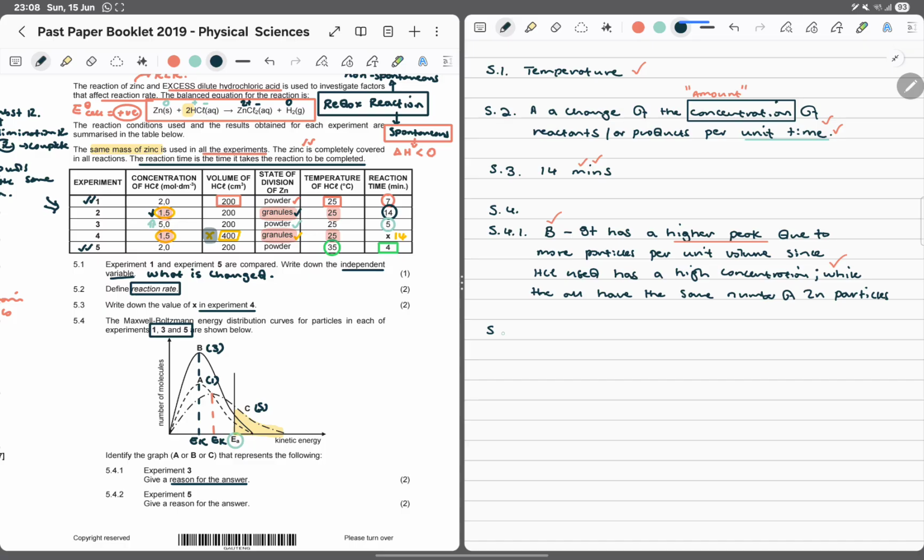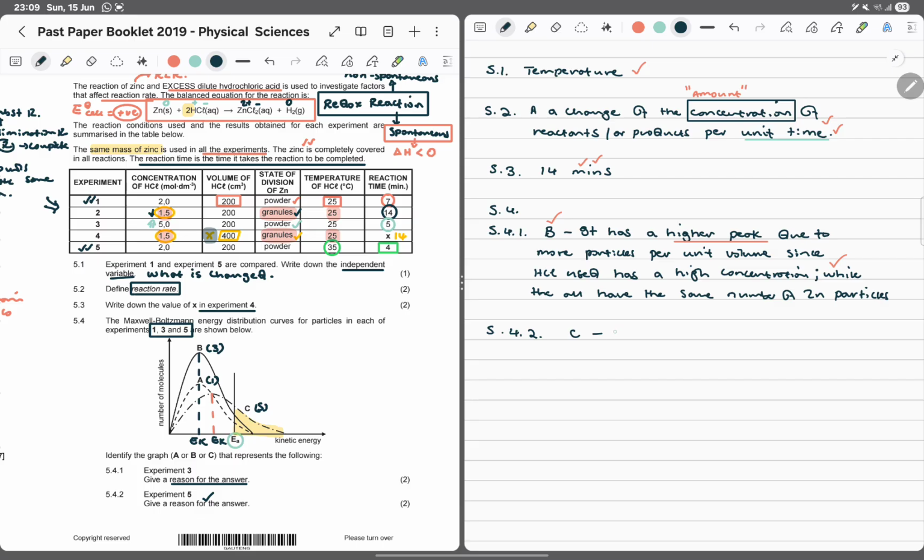Okay, so 5.4.2. It says one that represents experiment 5. So that is C. Again, we need to provide a reason. So what can we say? Well, we can decide to describe the area under the curve past the activation energy, that it has more particles, but I like that of the average kinetic energy as it shifts to the right. It's much better. So we can say the average kinetic energy of the particles has increased, seen with that peak which has shifted to the right.